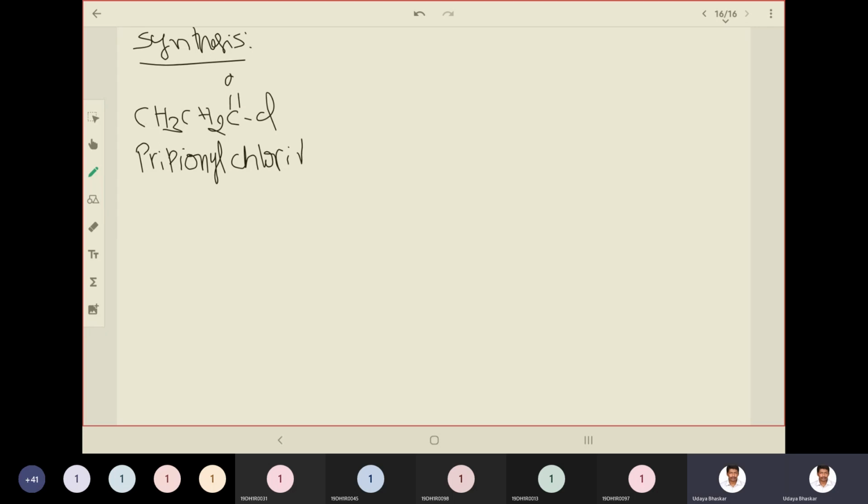This is propionyl chloride, and you remember the basic ring, that is, this is aniline, right? To the aniline, a piperidine is linked. This can be called anilino-piperidine.